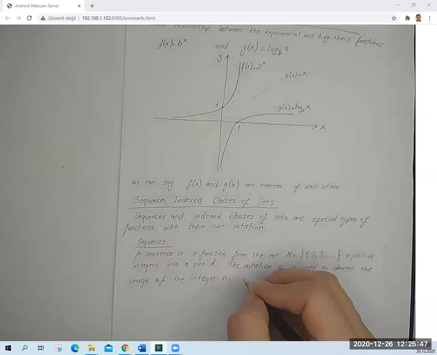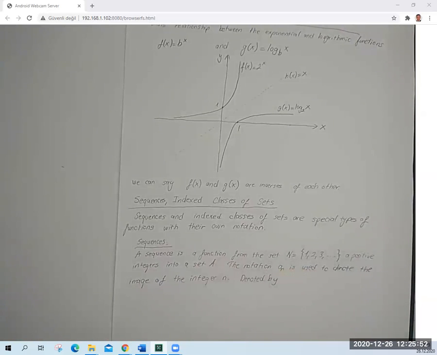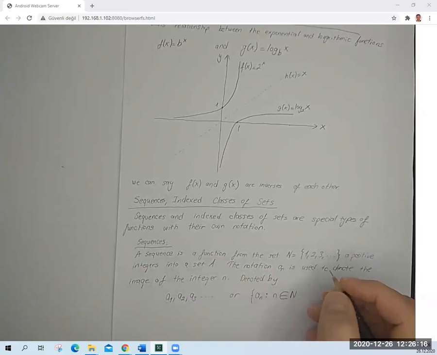And denoted by A1, A2, A3, and so on, or we can write A sub n is a member of N. So that kind of notation is also possible.